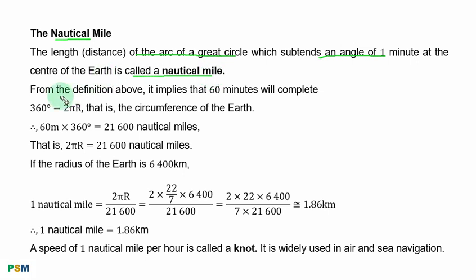From the above definition, it implies that 60 minutes will complete 360 degrees. That is going around the great circle, that is the circumference of the earth, equal to 2 pi r, where r is the radius of the earth.